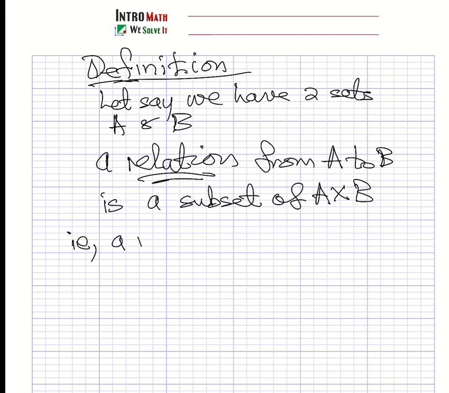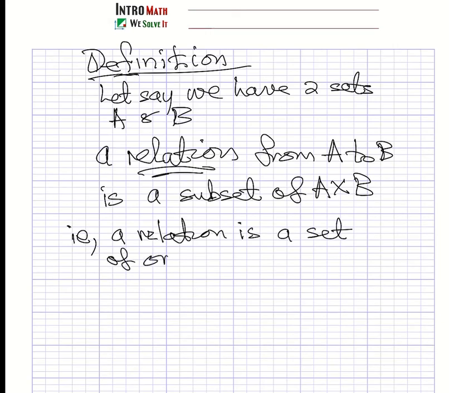A relation is a set of ordered pairs, right? A set of ordered pairs, because that's what cross product is.